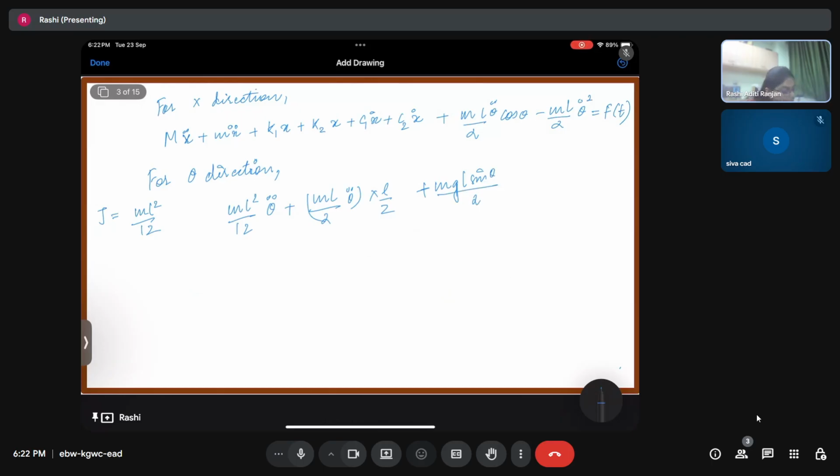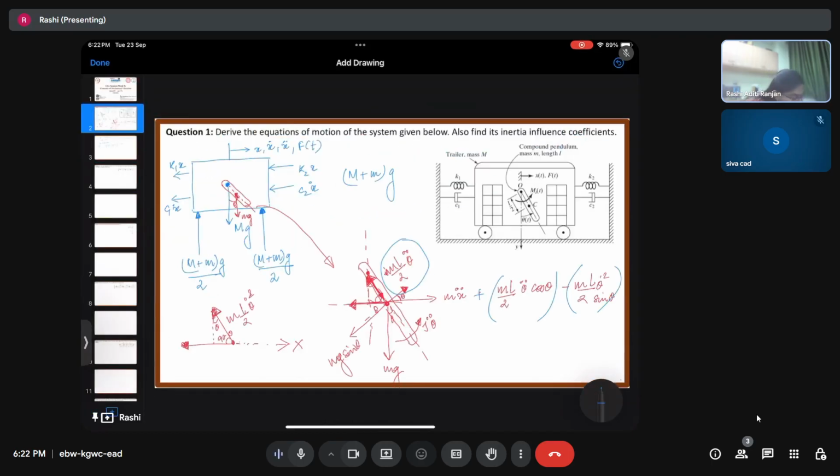Apart from that, again, we have this mx double dot. This is also a force, but it is not in the perpendicular direction. So we can take its component in the perpendicular direction, and that component is going to contribute towards a torque.